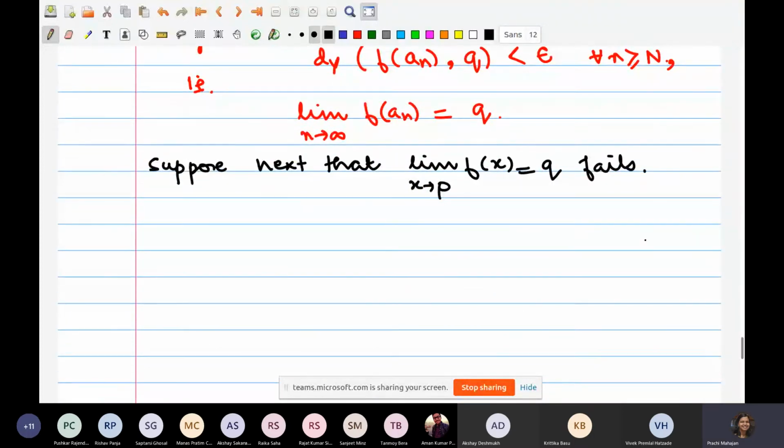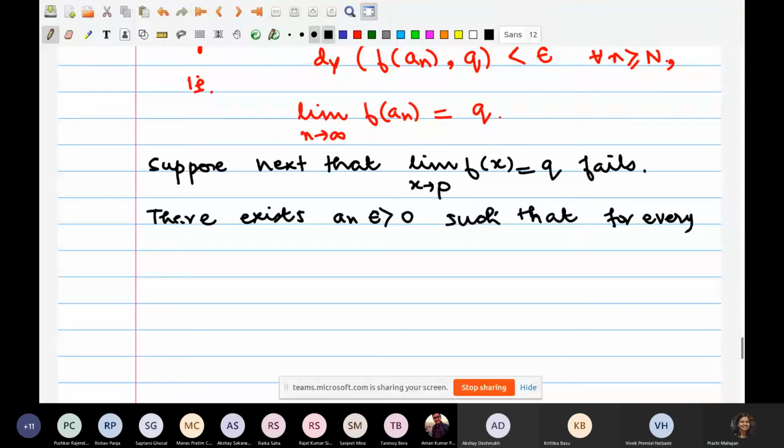Okay, so the negation of the definition is that there exists an epsilon positive such that for every delta positive, we have the following statement.